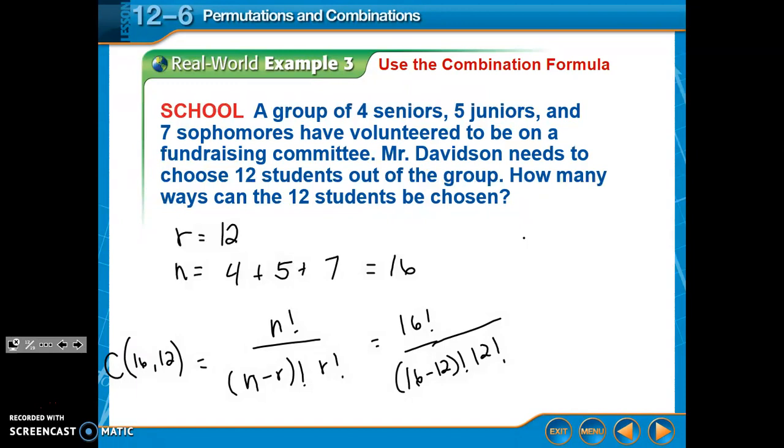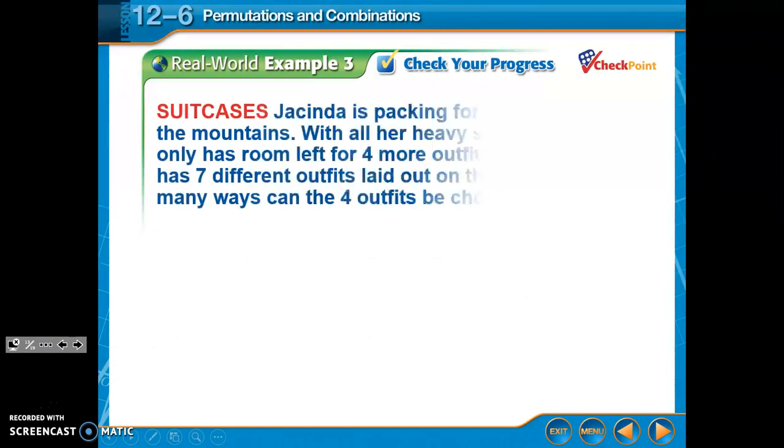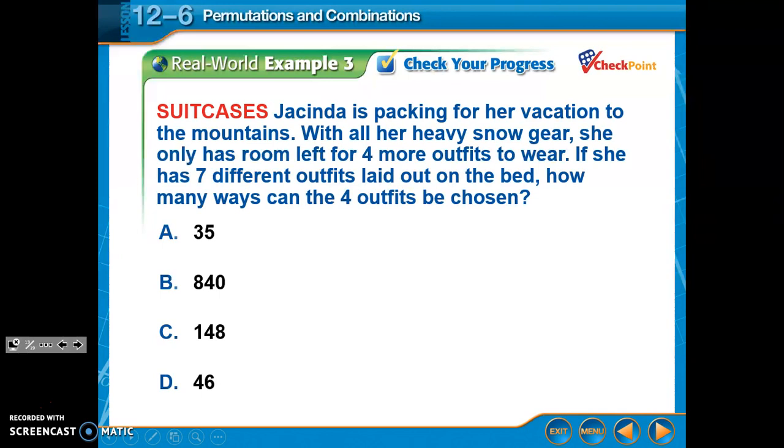On your calculator, you should be able to find where the exclamation point is somewhere on there. If you can't find it, then you'll just have to do it all by hand, and I'll show you where it is in class tomorrow. But so if I put this into my calculator, I'm going to get 1,820. So that's how many different ways he can choose out of those 16 students, just 12 of them. Okay. So you guys try this one using a combination.